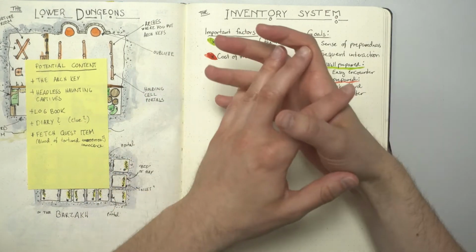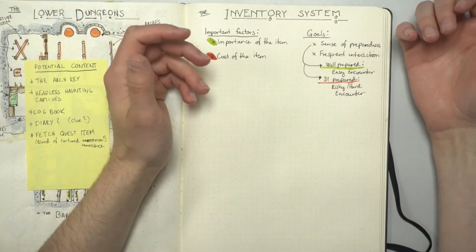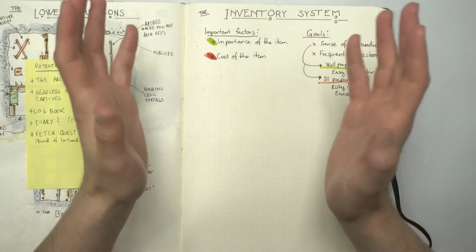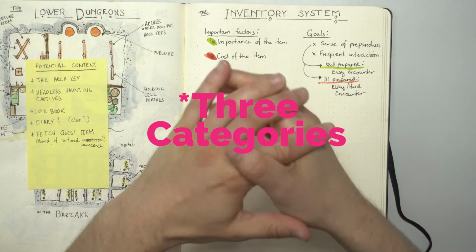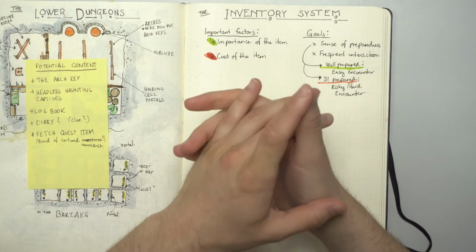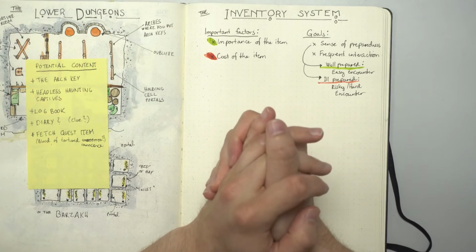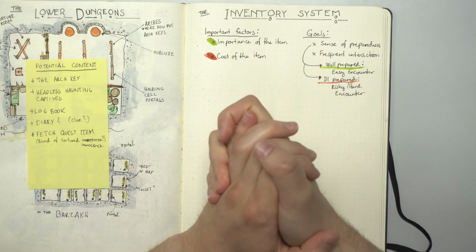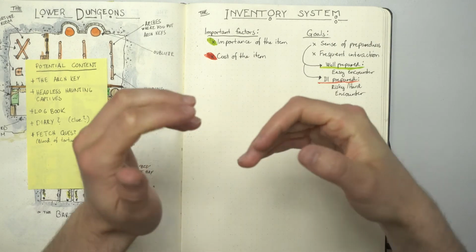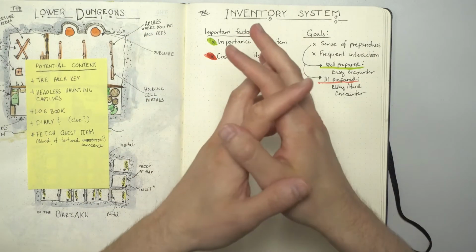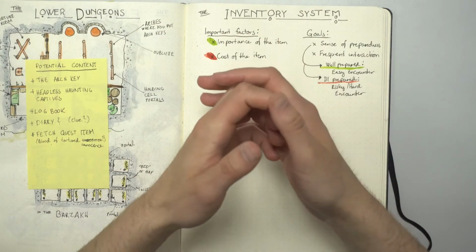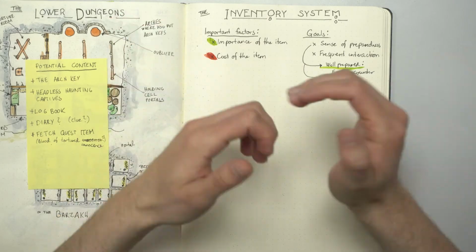I've done this by firstly dividing the items into roughly 3 categories and shrinking down the amount of items you can carry. The 3 categories of items are basic or improvised items, specialized items, and artifacts.